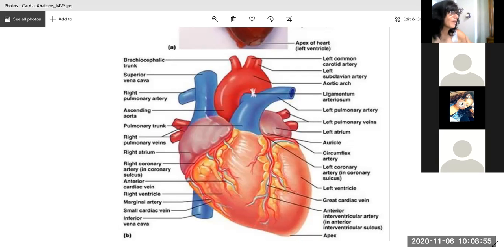So when we say heart failure, what we mean is that either the left or the right ventricle, for lots of reasons, it could be because of the mitral valve problem or a tricuspid valve problem, but one of them or both of them can't pump.